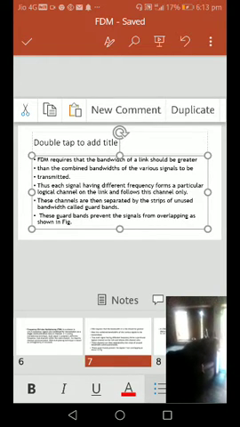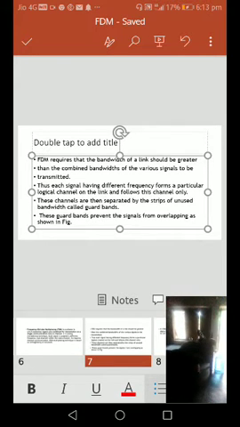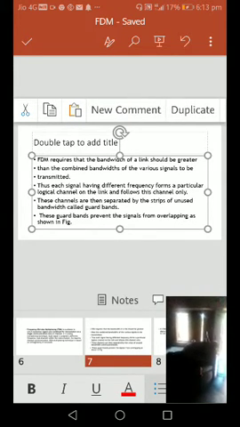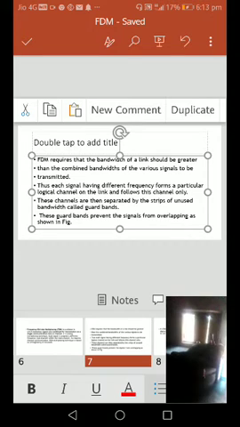These channels are then separated by strips of unused bandwidth. The unused bandwidth is called the guard band.